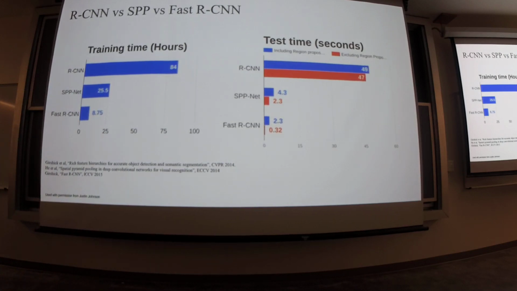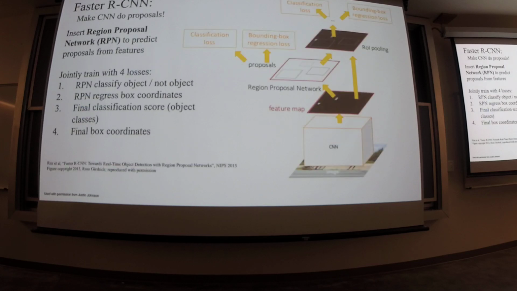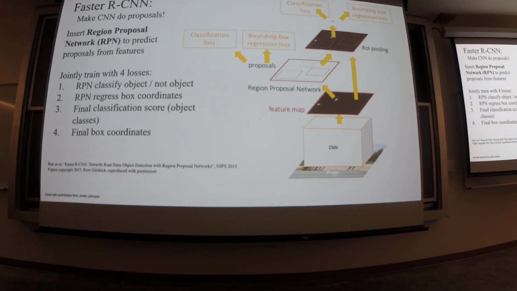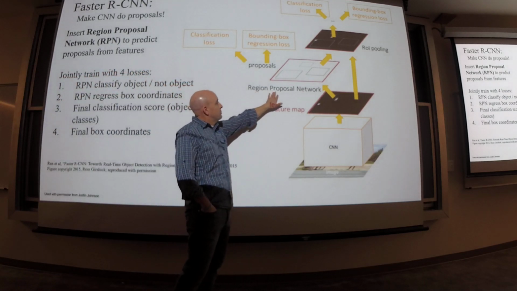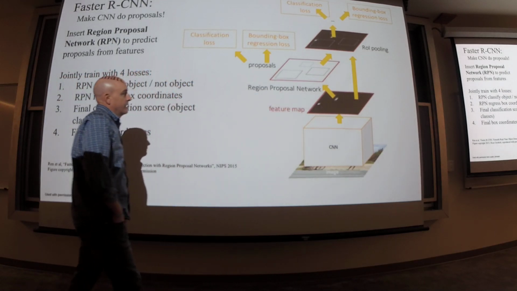So if you have a need for speed, you might think, okay, how do I make this faster? Somehow we've got to get rid of the region proposal, make that faster. So now we have Faster RCNN, and it's basically what we had before, except that we actually learn to propose regions.